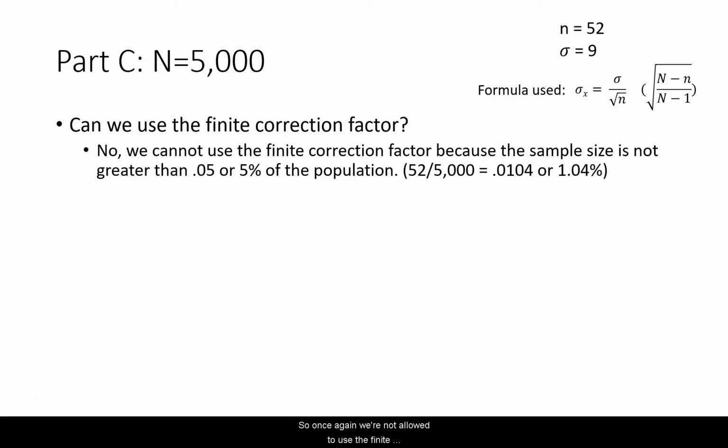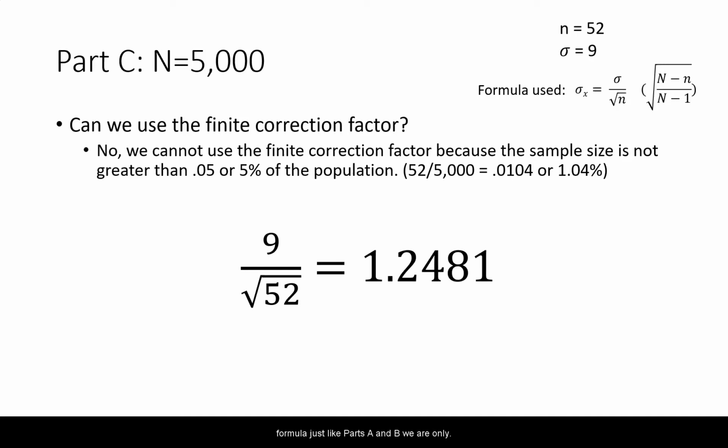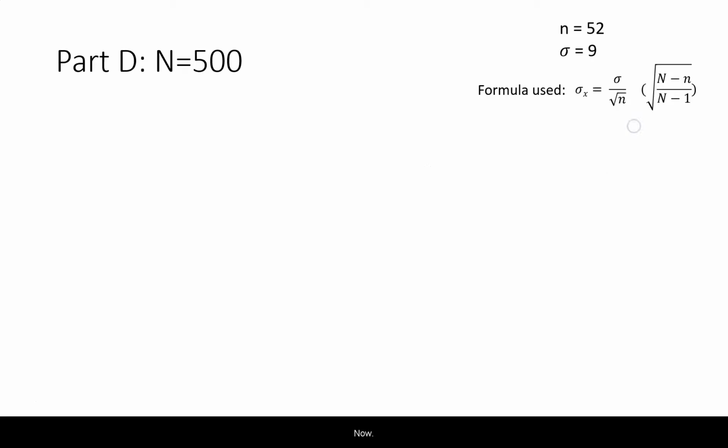So once again, we're not allowed to use the finite correction factor. So when we use our standard error formula, just like parts A and B, we're only allowed to use sigma divided by the square root of n, which once again gives us 9 divided by the square root of 52, which gives us the same standard error as parts A and B of 1.2481.